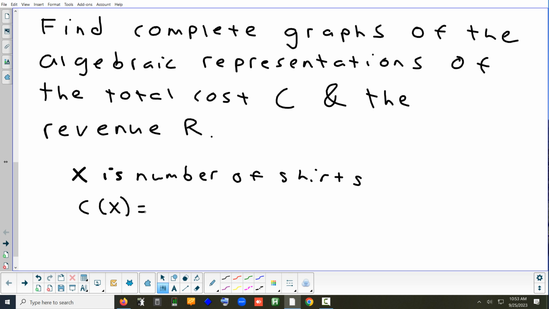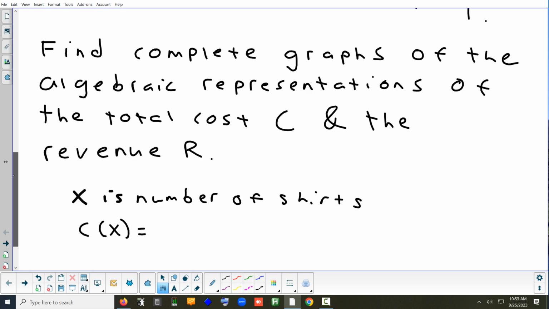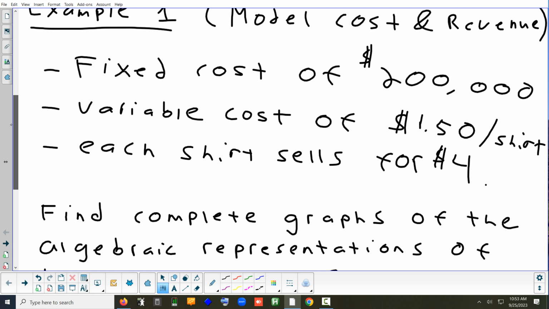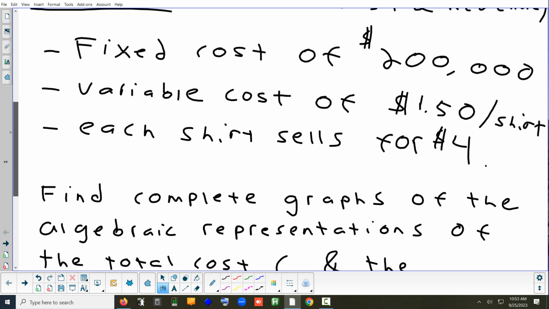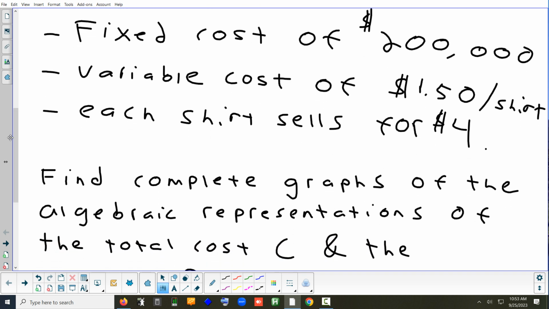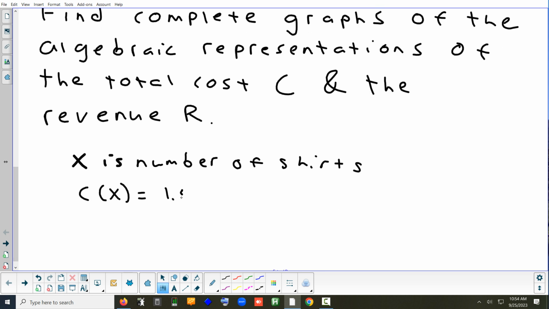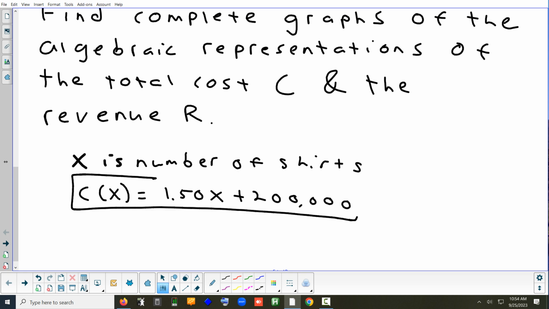Can anyone give me a formula for the cost of making X shirts, including the fixed costs and the variable costs? 1.50x plus 200,000. Right. So it's $1.50 per shirt plus 200,000. Okay, so that's a formula for the cost.